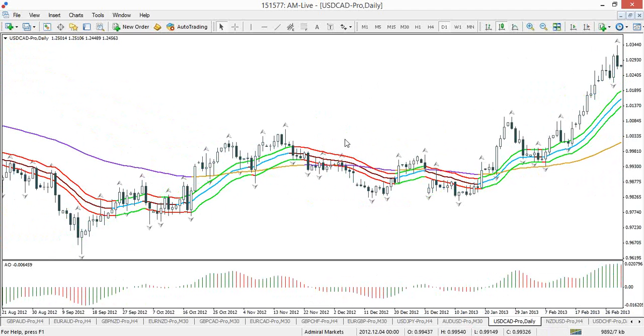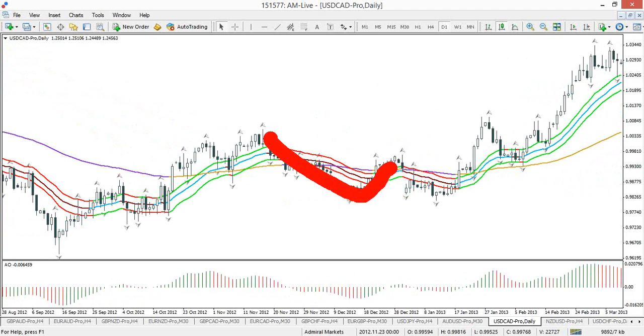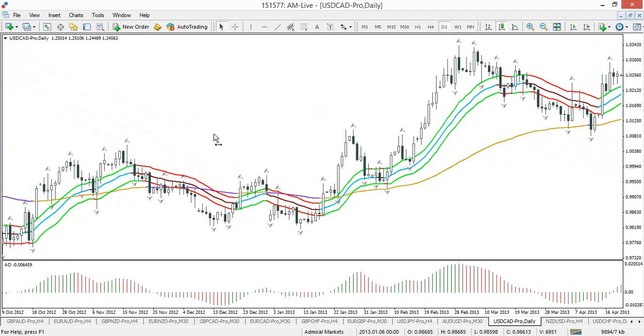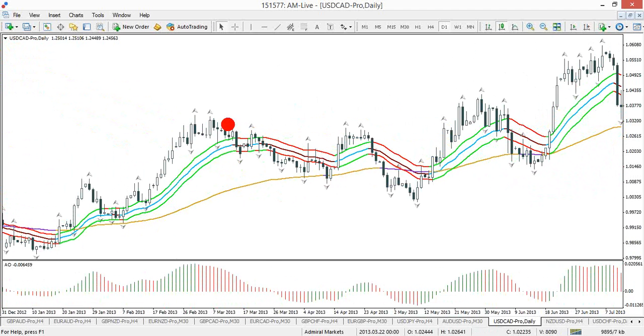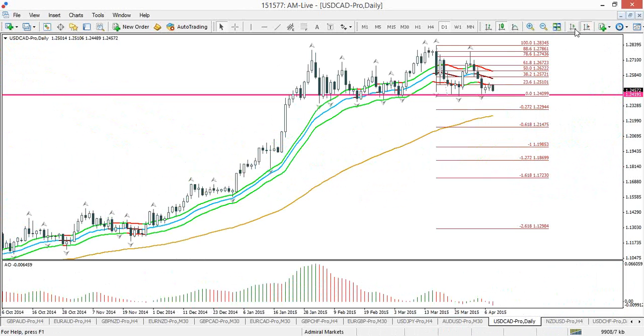Where do we have that example? Here, for instance, right? Or here, yeah. So we're at an interesting bounce or break spot.